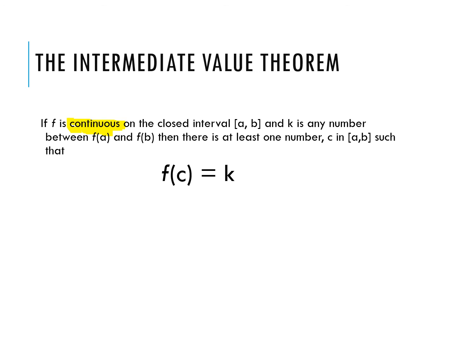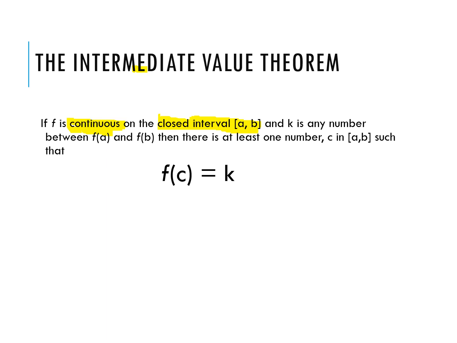And you also must state that it's on a closed interval. Those are the 2 requirements for this theorem. So you have to state, in order to use it, that since the function is continuous and on a closed interval, therefore the intermediate value theorem applies.